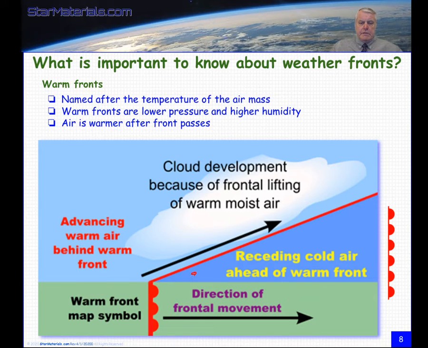There you go. If you're standing there and this front now passes and is here, you went from being in cooler air to warmer air. So air is warmer after the front passes through.